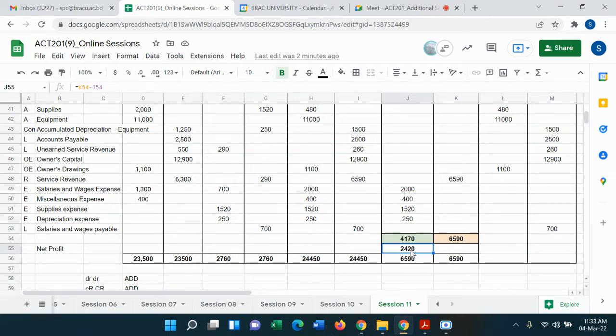Now, by the profit, will the owner's claim increase or decrease? Increase. If the owner's claim increases, should we debit it or credit it? Credit it. That's why this amount needs to be transferred here. Why credit? Anyone?